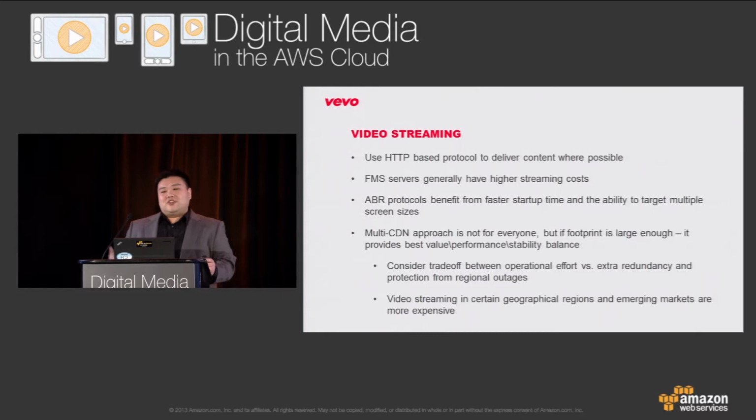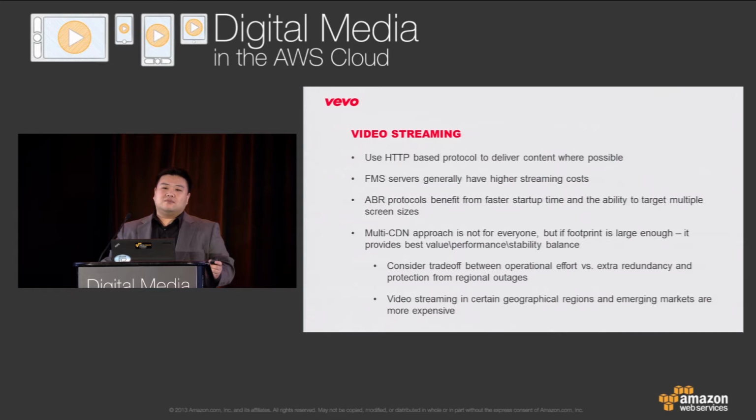With video streaming, at Vivo we use a multi-CDN vendor approach, but it's not quite right for everybody. You really have to take a look at your footprint and weigh the pros and cons of the extra reliability, the ability to protect against regional outages or traffic.